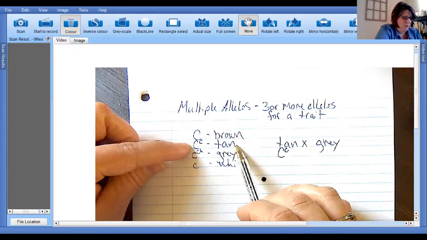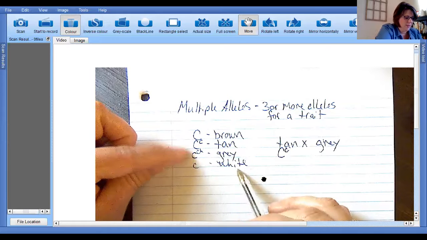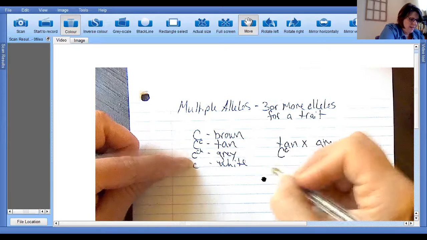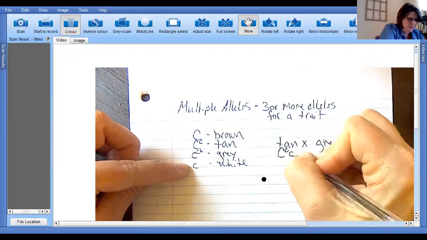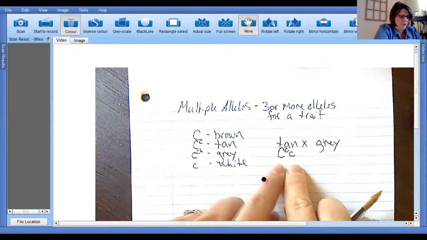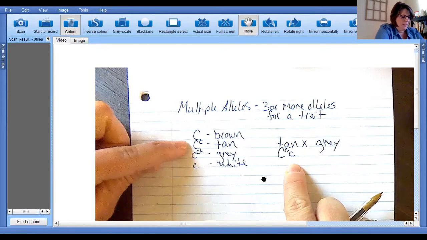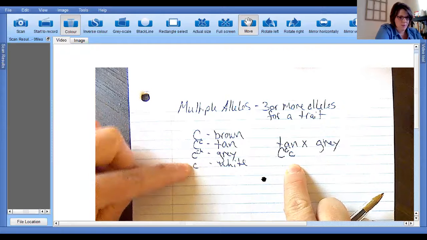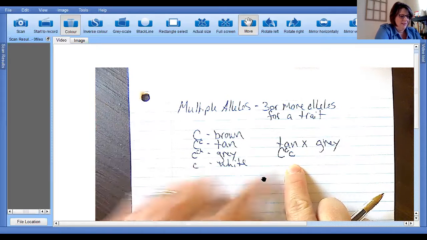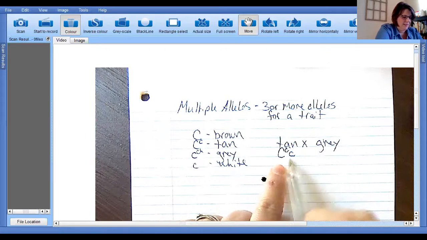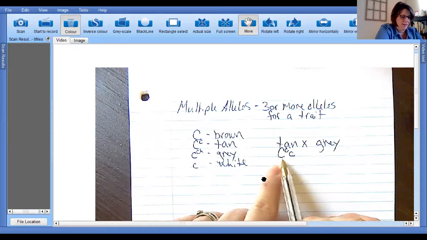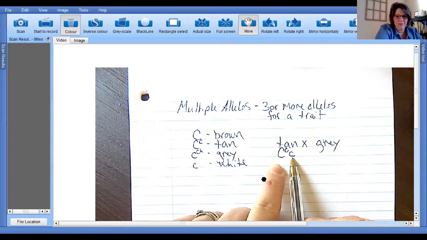But it could have another one of these, or it could have one of these recessive alleles. I'm just going to say that it carries the recessive white allele. So if this is more dominant than this, which is more dominant than this, then this tan guy could have this more dominant tan allele and carry the recessive white allele. Does that make sense?